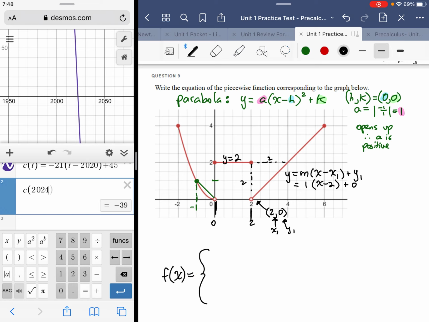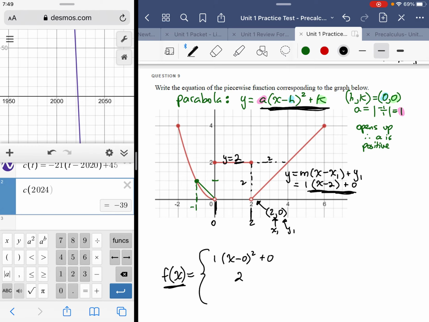So, working from left to right, I'm going to write 1 parentheses x minus 0 squared plus 0. That's this part of the parabola. Then a 2, because again, we only look at the right side of each of these equations, because this takes on the role of y. The f of x is really the same as saying y.